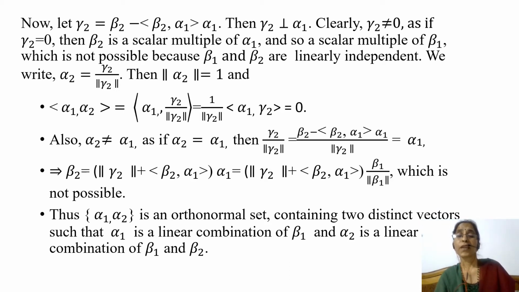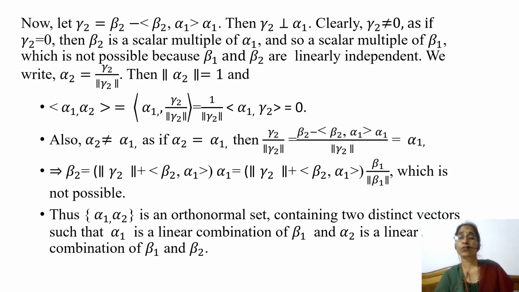Then we find that beta 2 is a scalar multiple of alpha 1, and since alpha 1 is equal to beta 1 divided by the norm of beta 1, beta 2 is a scalar multiple of beta 1, which is not possible. And so alpha 2 and alpha 1 are two distinct vectors in X.